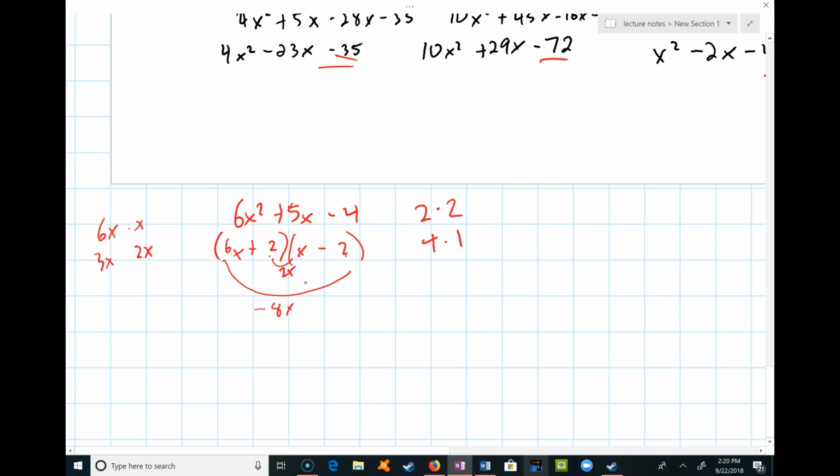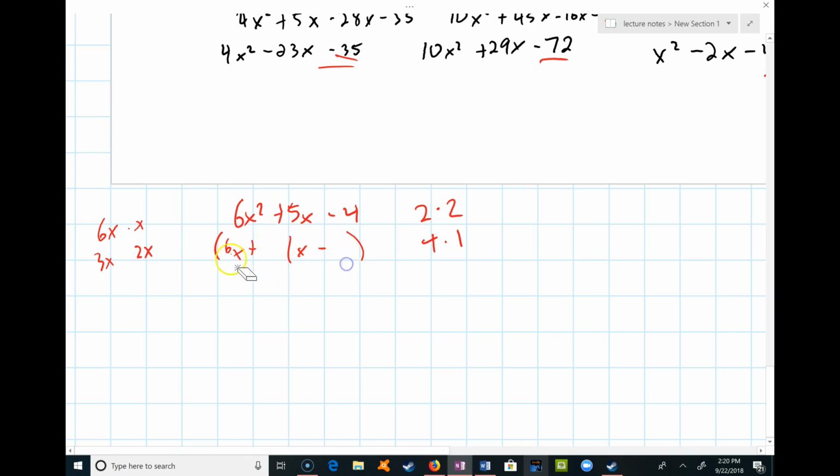That does not work. It gives me a difference of 6 instead of 5. If we keep doing that, you're going to have to try 4 different combinations, and if there were more factors, it'd be even worse. So we need a shortcut.